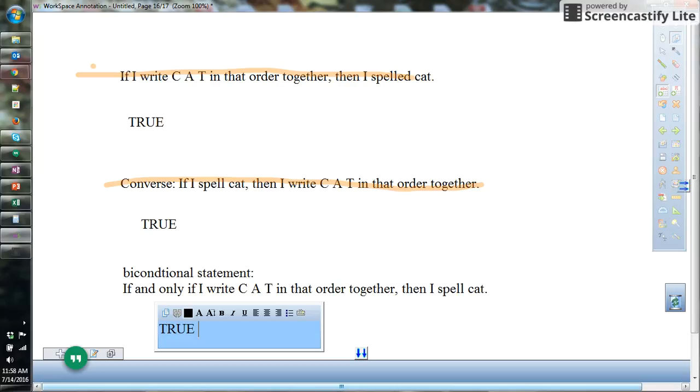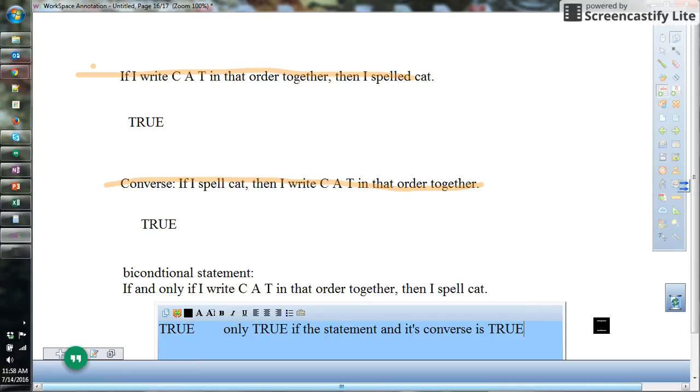So I want to write that down. Only true if a statement and its converse are true. That is the only way it's true.